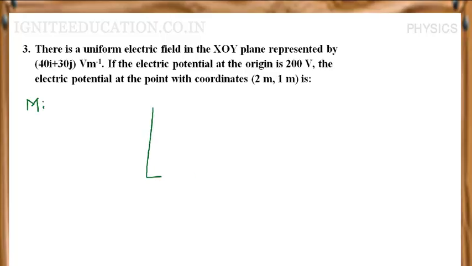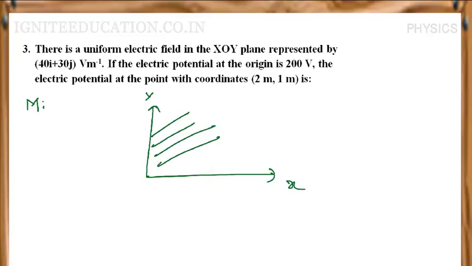So there is an XY plane. In that, there is a uniform field passing like this. So this is uniform field E, and you have a potential at origin.